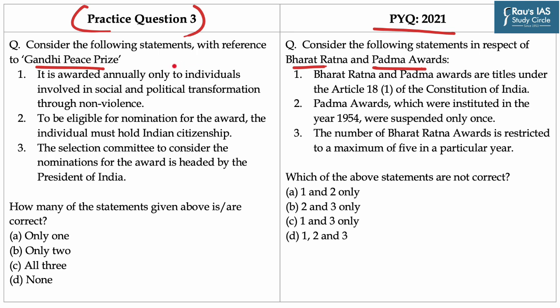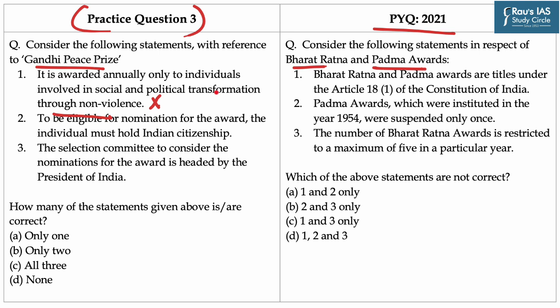Statement 1. It is awarded annually only to individuals who are involved in social and political transformation through non-violence. Now, this statement is not correct because the prize is given to individuals, associations, institutions, as well as organizations.